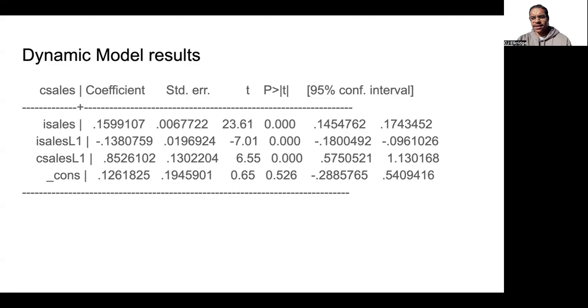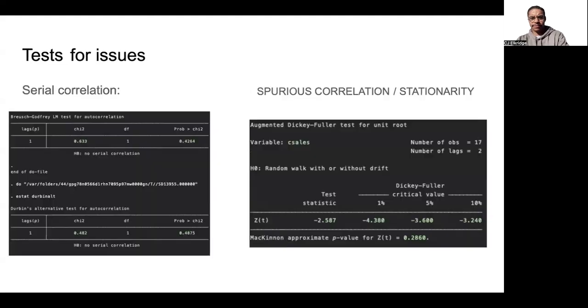And a 1 unit increase in the previous period's company sales is associated with a 0.8526 unit increase in the current period's company sales over time on average, holding all else constant.